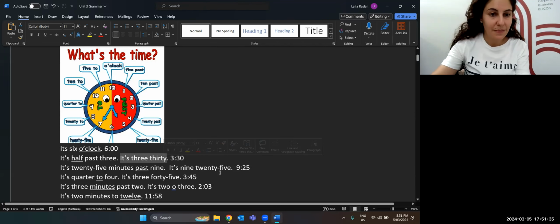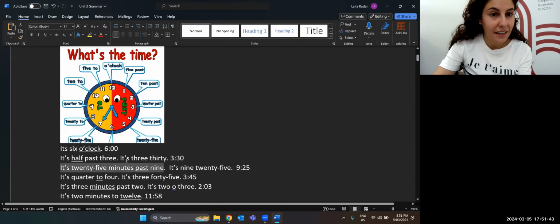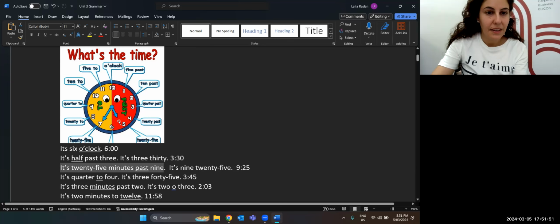So two options. We looked at this time, 9:25, or it's 25 minutes past 9, because the big hand would be 25 minutes here. The big hand would be here and the little hand would be here. It's a little bit hard to show you without the real time.